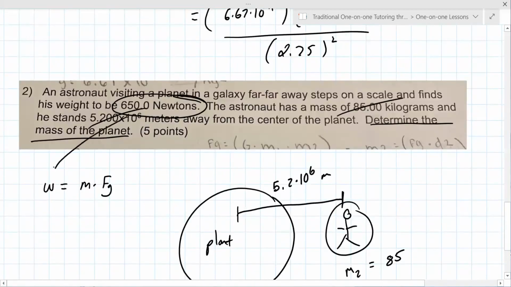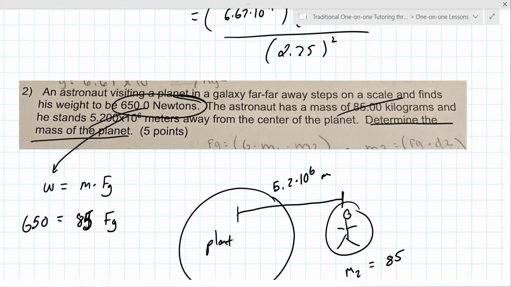The weight is 650. The mass is 85, so we can find the force of gravity. So there's really only two equations.